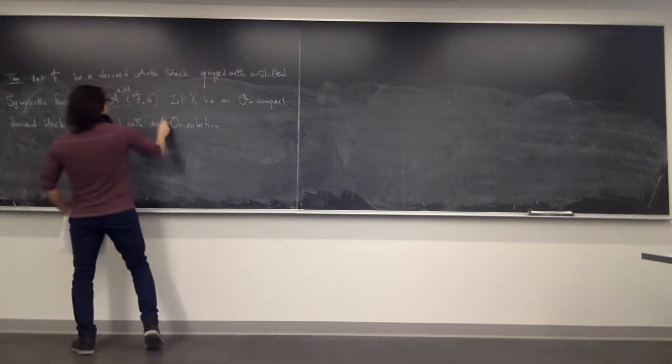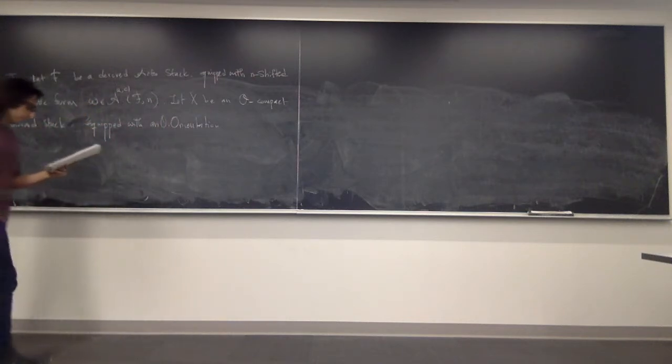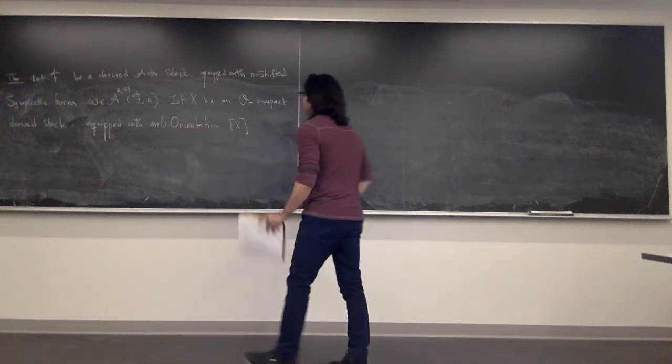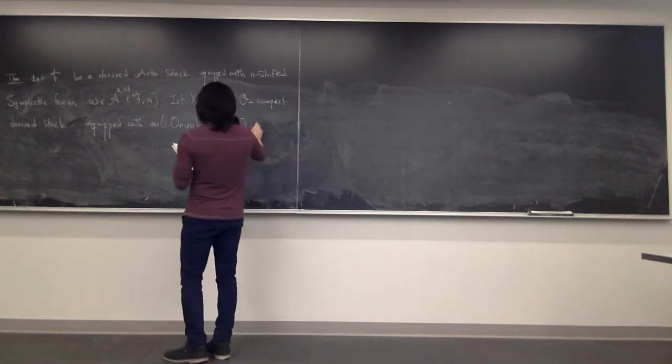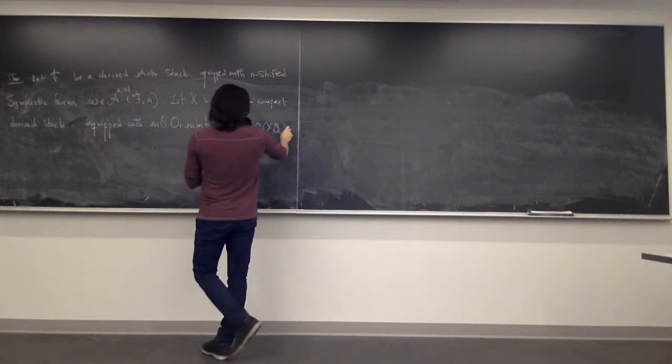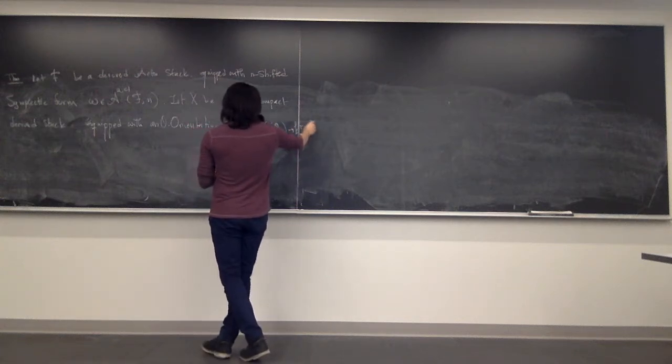We call this an O orientation. We denoted it by the cycle notation, which was a map from C_MSA to K minus C.